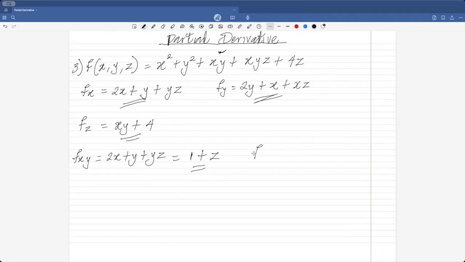For fyx, you realize that we have the same answer. So let's try it. We have 2y plus x plus xz.